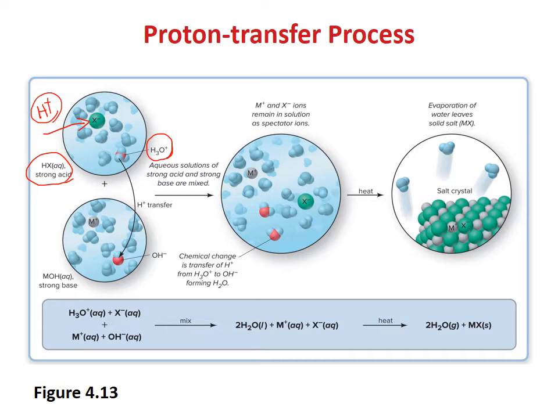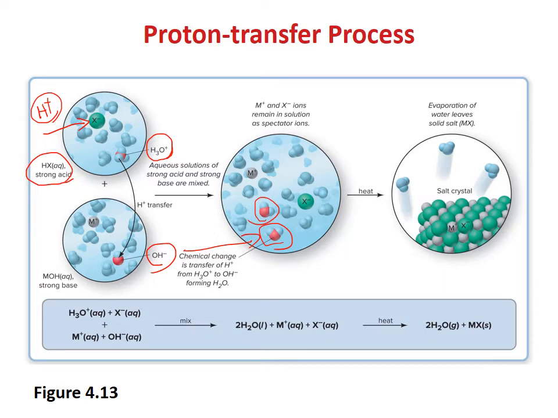When base is added, the hydroxide takes a proton away from the hydronium ion, so hydroxide becomes a water molecule. The hydronium ion loses a proton and forms another water molecule.